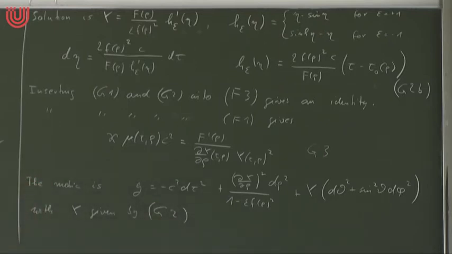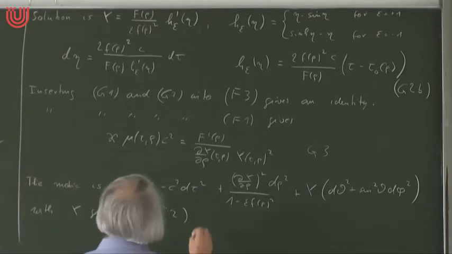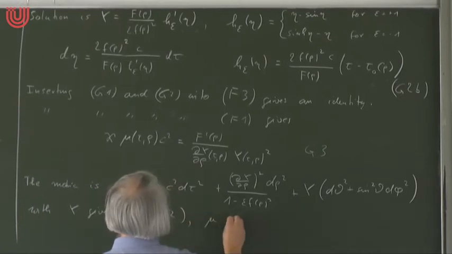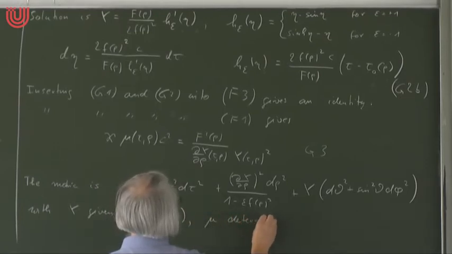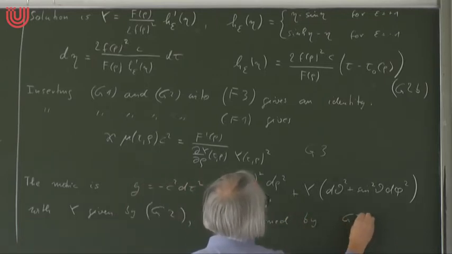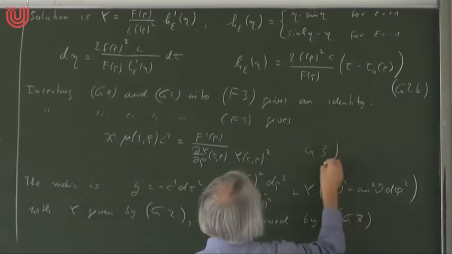G2a or G2b, depending on what epsilon is. So, and mu is determined, the corresponding density, by G3.